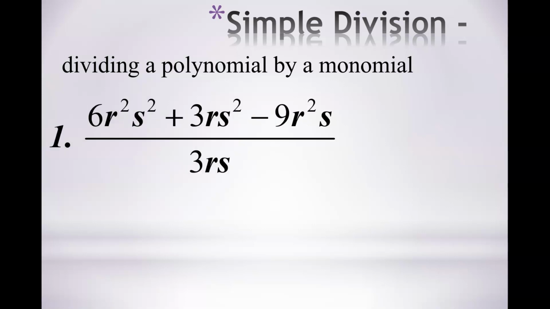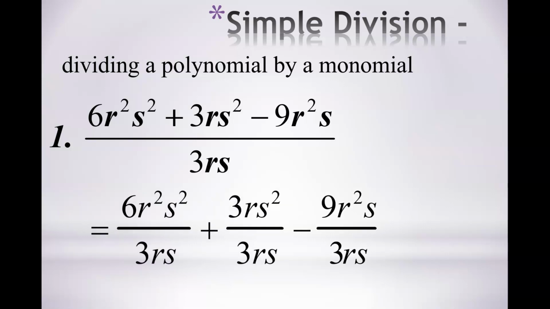one. So our first example is 6r squared s squared plus 3r s squared minus 9r squared s. And we're dividing all of that by 3rs. So this is what we call a division problem, where what we do is take the dividend and we rewrite it so that it is under each of the divisor.